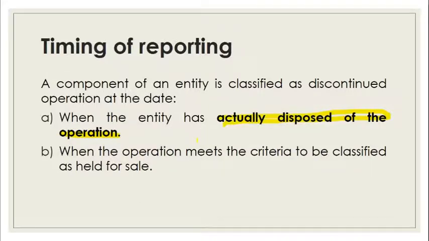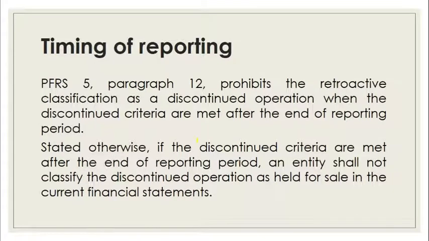Now, PFRS 5, paragraph 12, prohibits the retroactive classification as a discontinued operation when the discontinued criteria are met after the end of the reporting period.